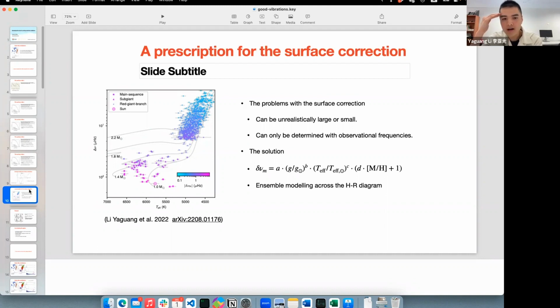So it's already kind of hard to directly compare the amount of surface correction inferred from 3D models with respect to the values shown here.